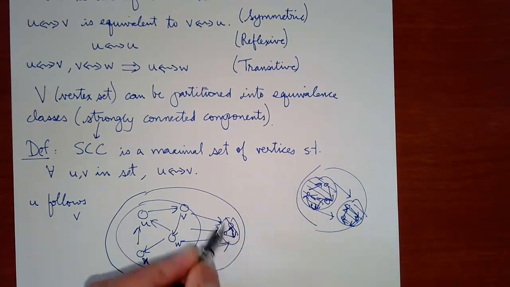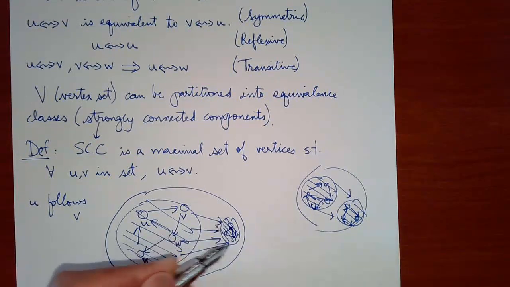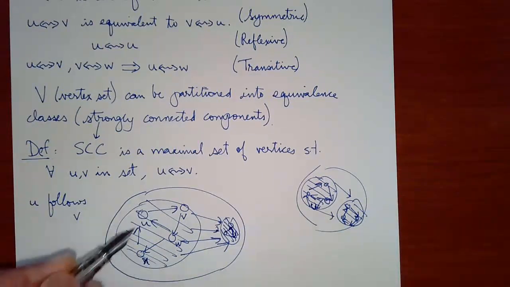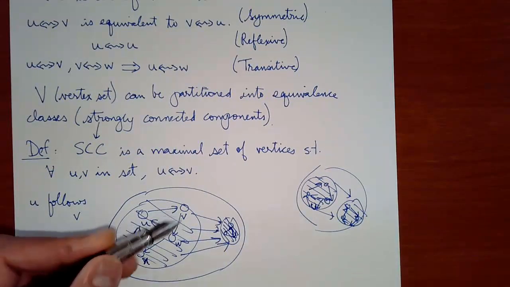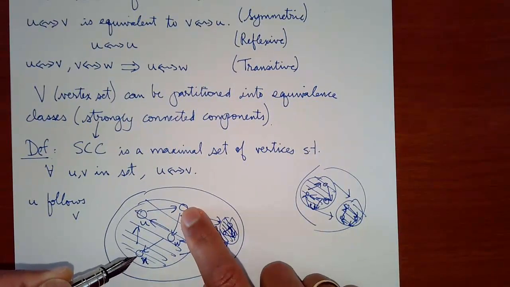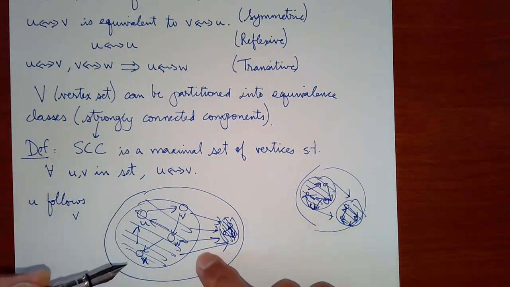So how do you separate this portion from this portion? The strongly connected components is a simplistic way of doing it. I mean, there are fancier ways of doing it, but this would be one of the most basic ways. So you find sets of vertices so that within the set, it's not that all follow each other. It's just that between any two vertices, there exists a path that goes from one vertex to the other, and vice versa.